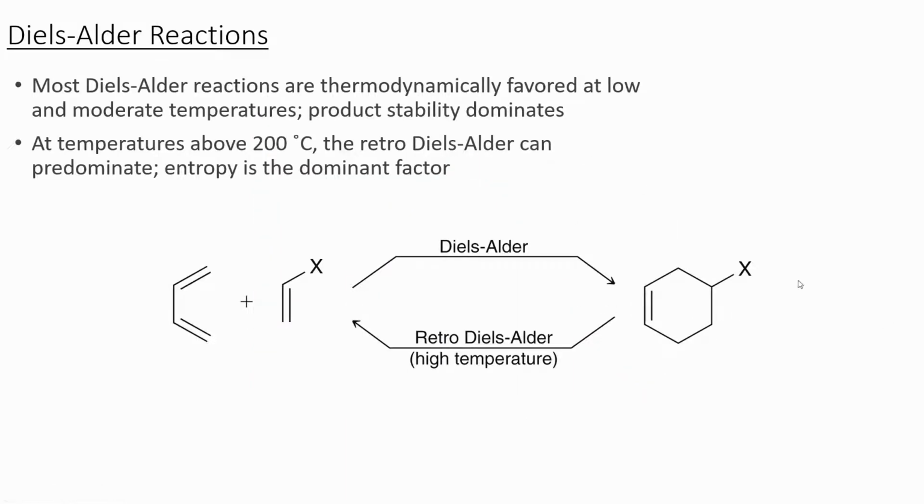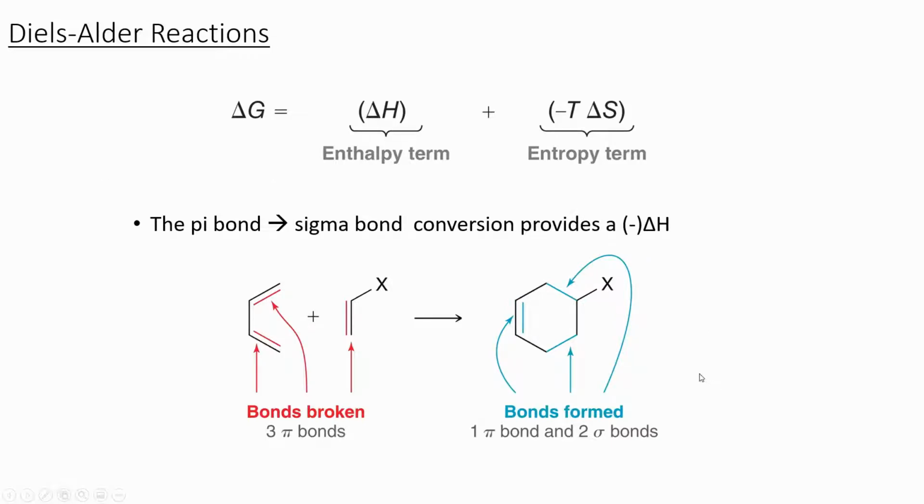The product of the Diels-Alder reaction is thermodynamically favored at low and moderate temperatures, but if we heat the reaction above 200, a retro-Diels-Alder reaction can occur, which involves the breaking of the two sigma bonds and the rearrangement of the electrons back into the diene and the dienophile.